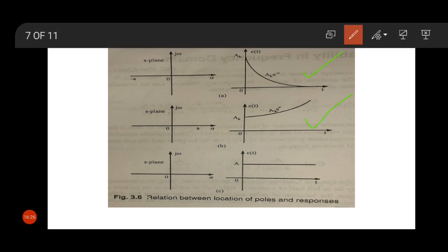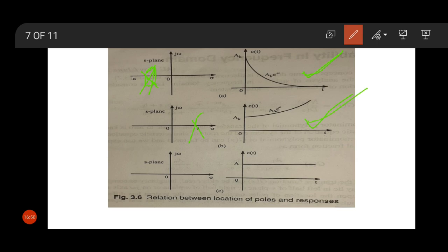In the first case, that is figure A, the pole lies on the left side of the s-plane, that's why the impulse response is this. But in the second case, that is figure B, the pole lies on the right side of the s-plane, that's why the impulse response is like this.